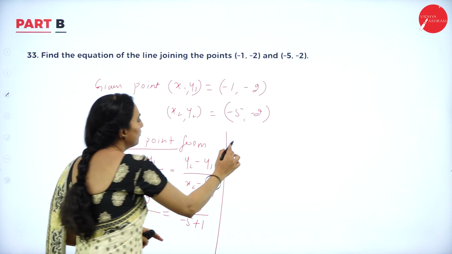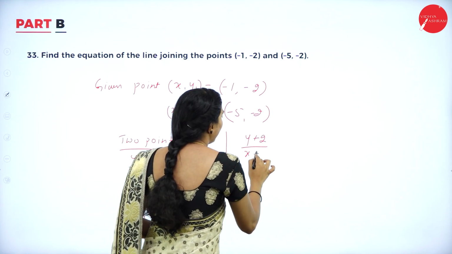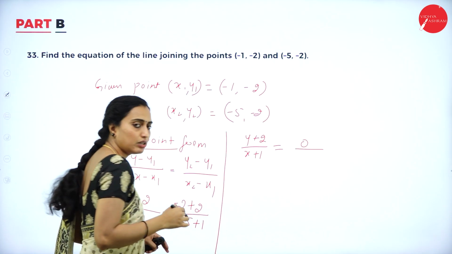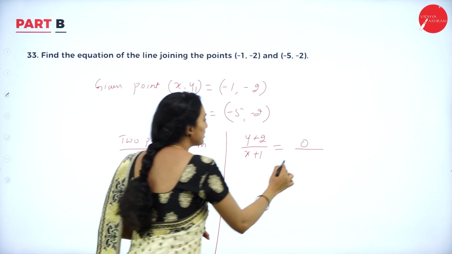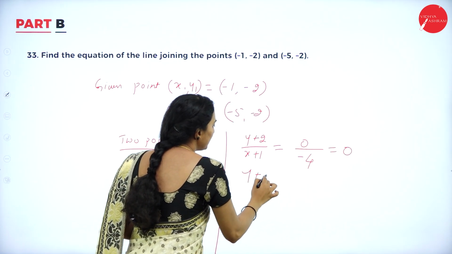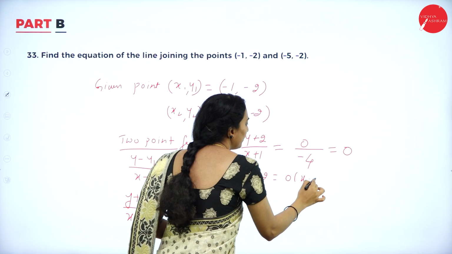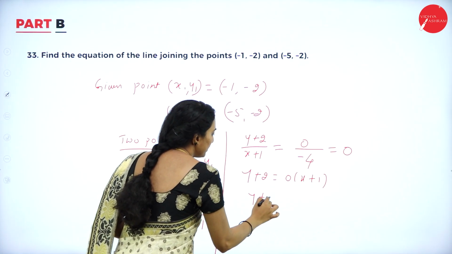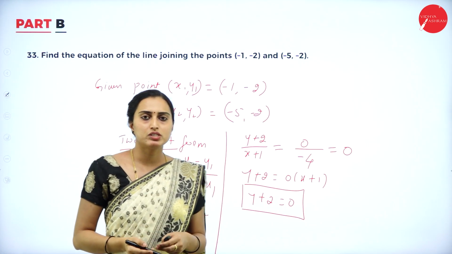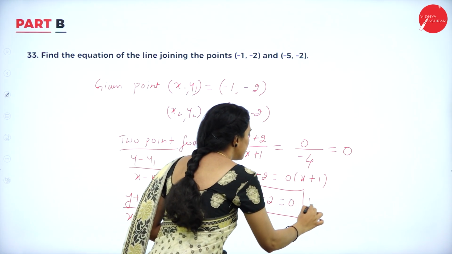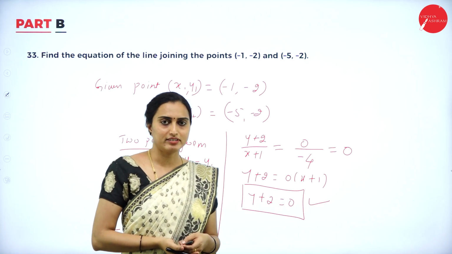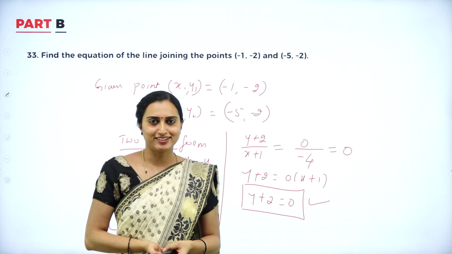Now solving, y plus 2 divided by x plus 1 is equal to minus 2 plus 2 is nothing but 0, minus 5 plus 1 is minus 4. 0 by anything will be 0. Cross multiply, y plus 2 is equal to 0 into x plus 1, otherwise y plus 2 is equal to 0, and this is your equation. Writing this step and these 2 steps are very important. That will give you 2 marks.